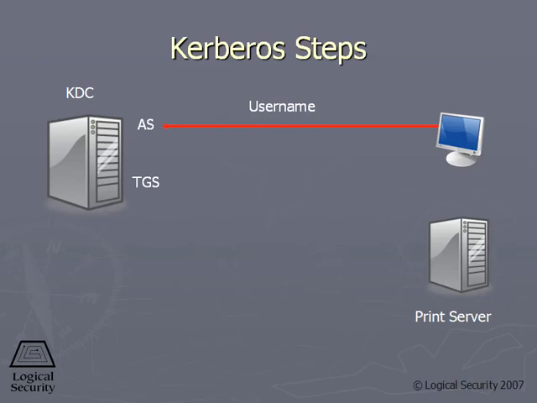Now the authentication service looks in its user account database and asks, is there Sean Harris? Yes. And it looks up my key, my secret key. It will take my secret key and encrypt a ticket called the TGT. Now, when it gets to my system, if I've typed in the right password, that password is used to decrypt that ticket, and now I'm authenticated to my system.